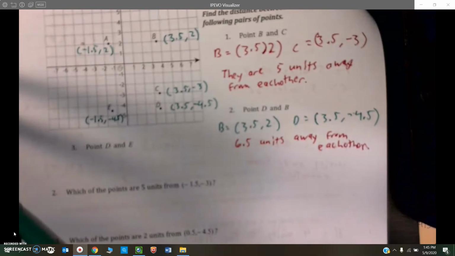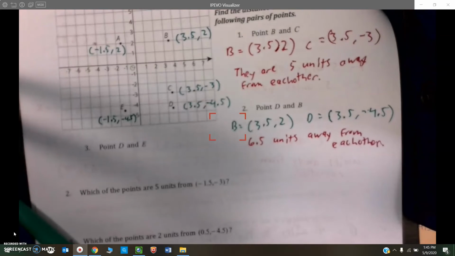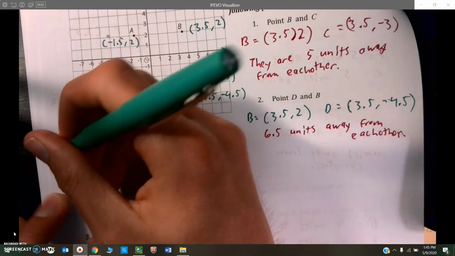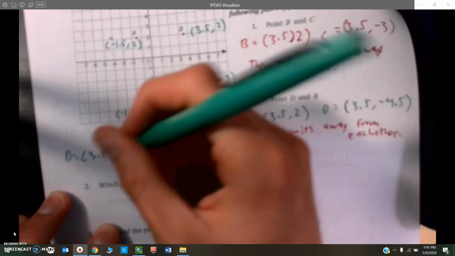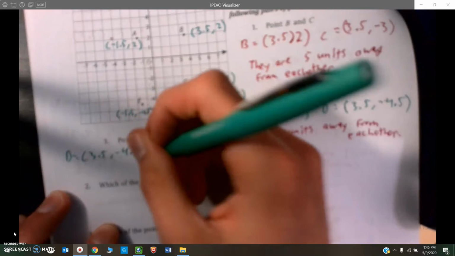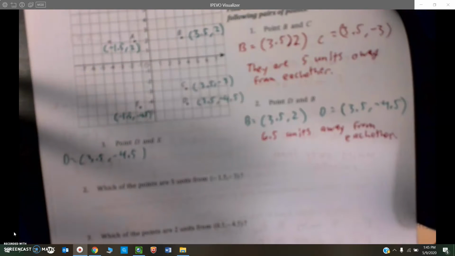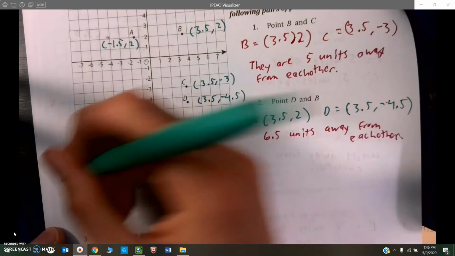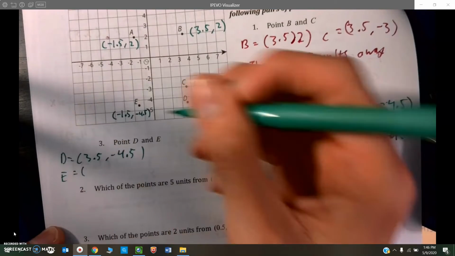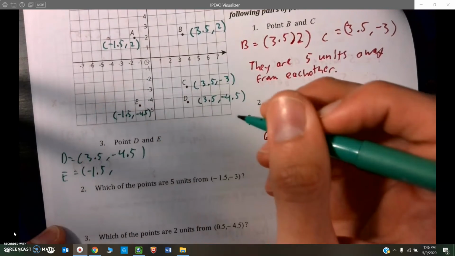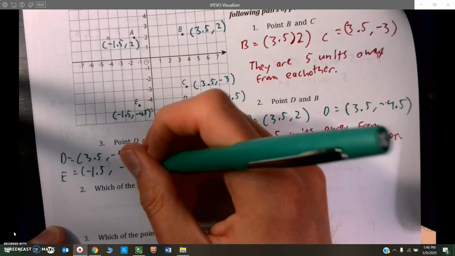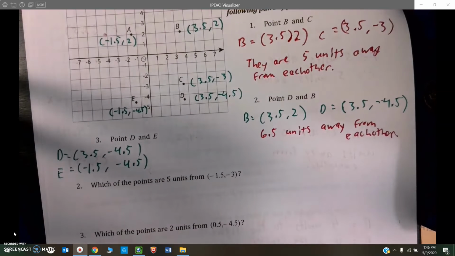And now D and E. So we know D is (3.5, -4.5), and we know that E is (-1.5, -4.5). So these ones share a y-coordinate but have different x-coordinates.